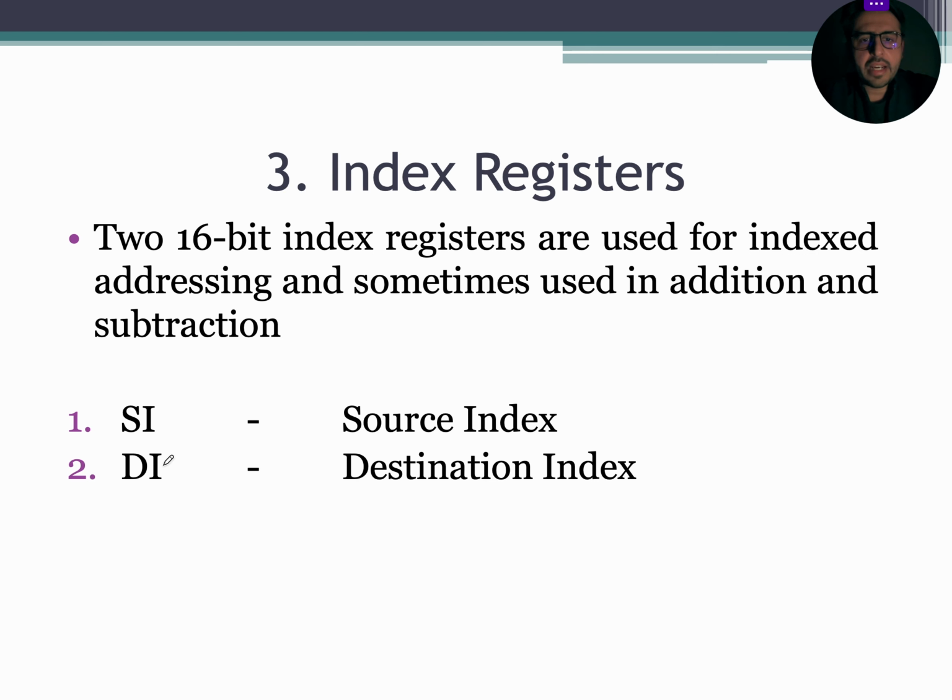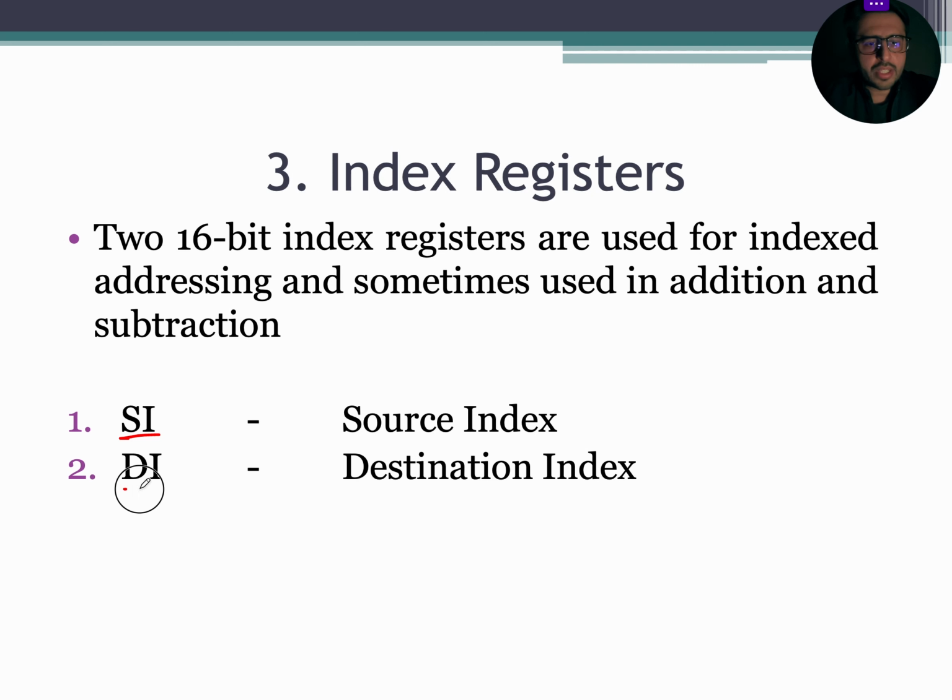Third are index registers. Two 16-bit index registers are used for indexed addressing and sometimes used in addition and subtraction. Number 1 is SI, known as source index. It is used to store offset address of source operand and it works with DS.